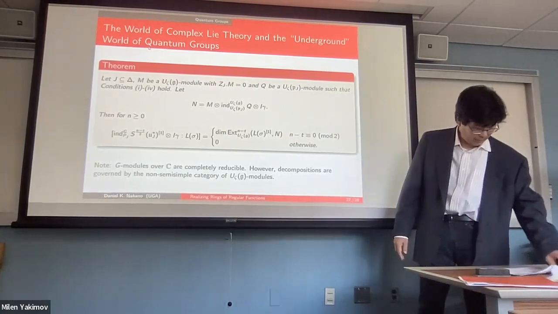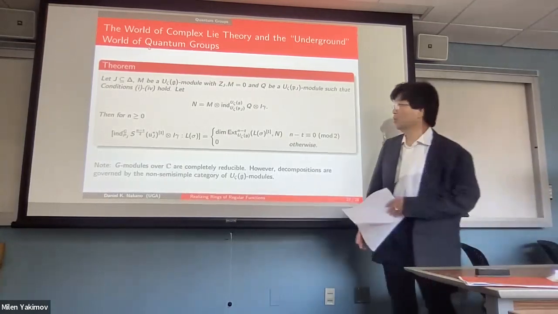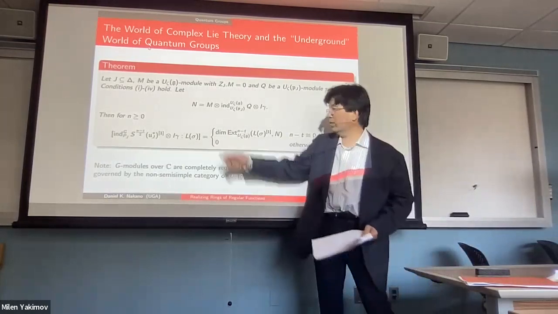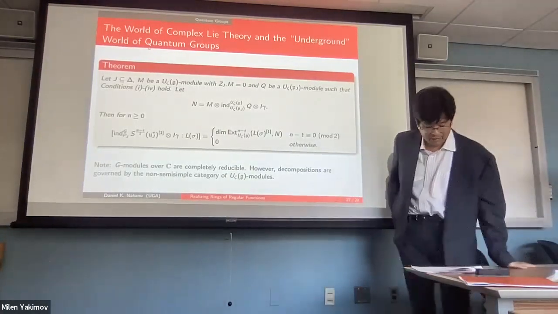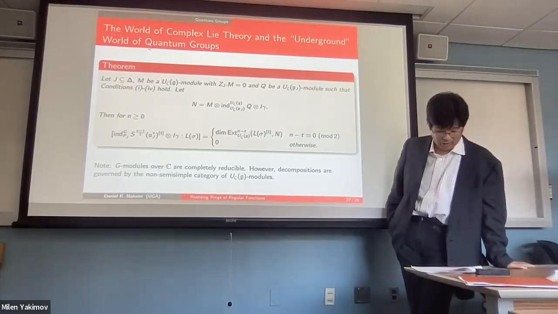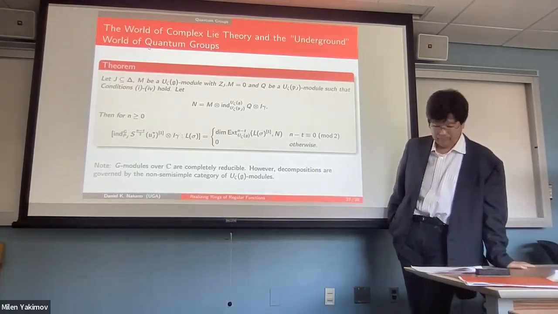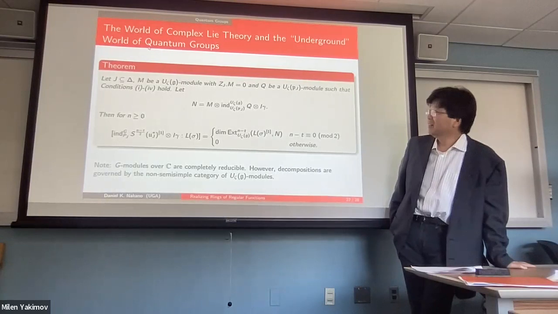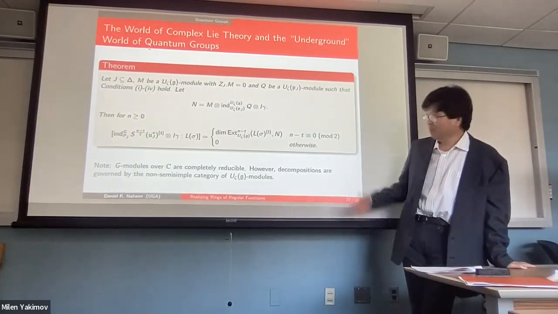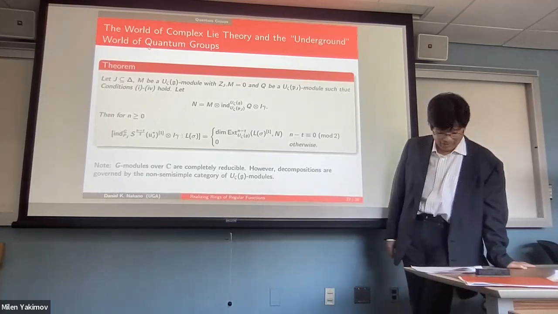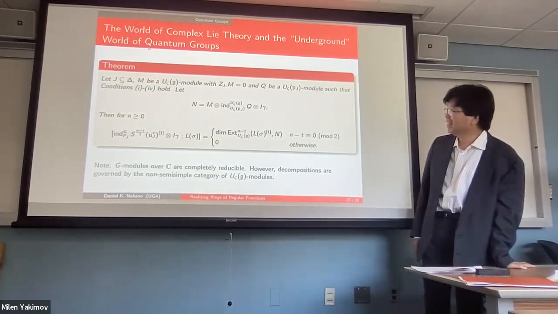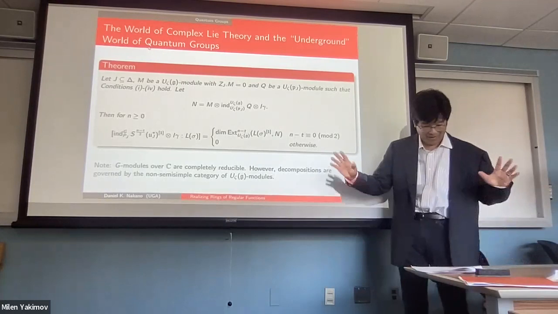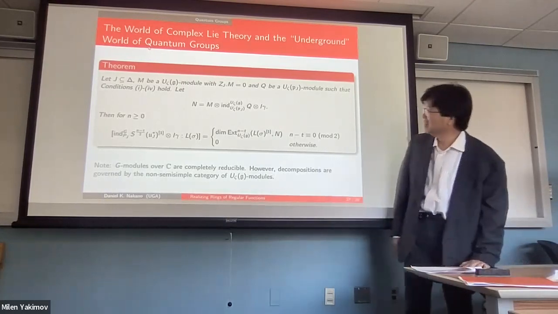Many people actually work in these worlds. Many people work in the world of complex algebraic geometry. They study Schubert varieties, Springer fibers, flag varieties, the nilpotent cone. And I just want to make people aware that there is the dark world of quantum groups behind the scenes, the dark underworld of quantum groups.